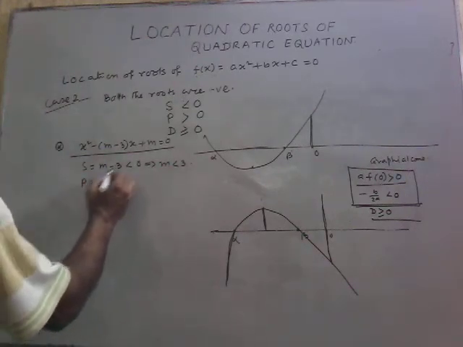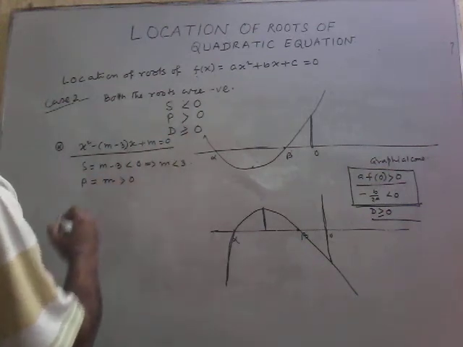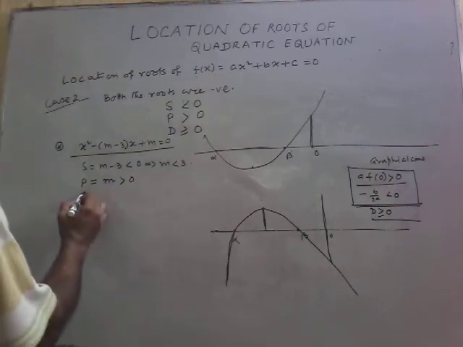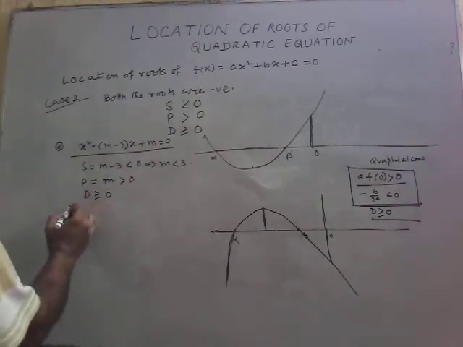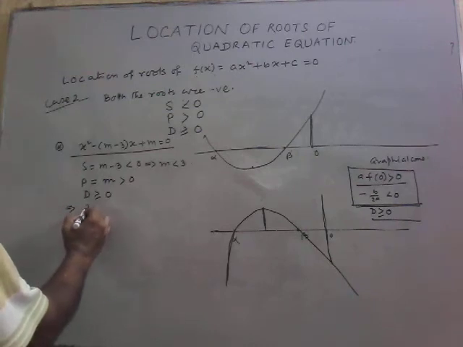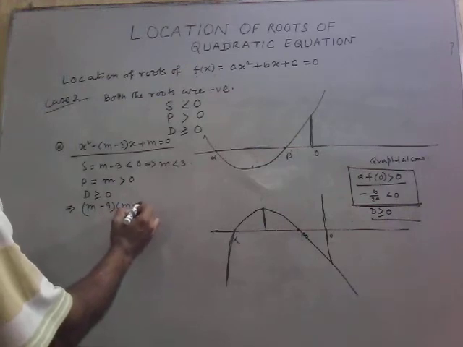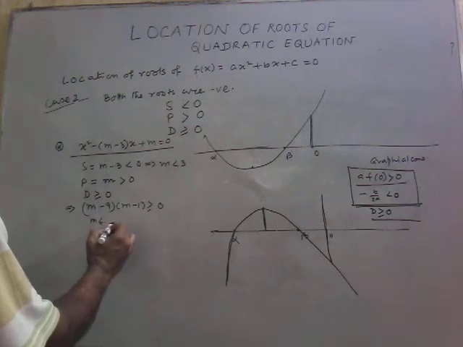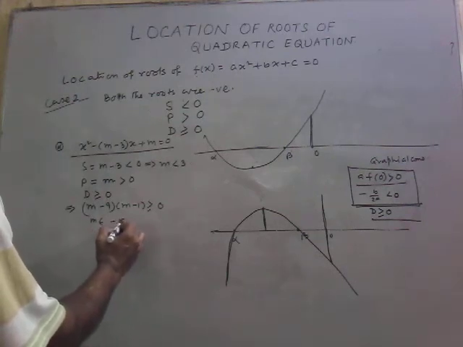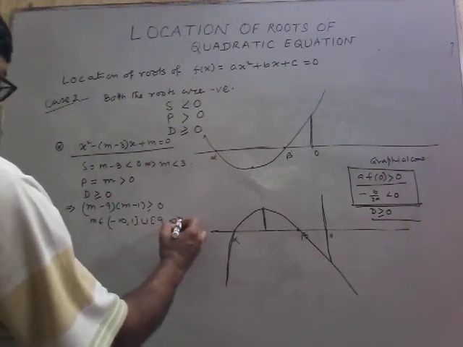P equals to product of roots, m greater than 0 and d greater than equals to 0. Same problem, so we have already calculated (m minus 9) into (m minus 1) greater than equals to 0. So m belongs to minus infinity comma 1 union 9 comma infinity.